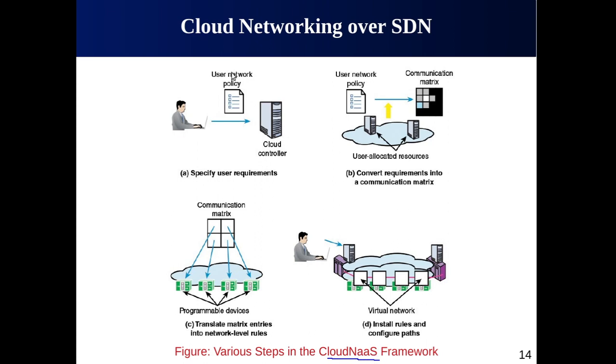Now we are talking about cloud computing. In cloud computing, there are different models like application as a service, platform as a service, infrastructure as a service, security as a service, and so on. One of them is NaaS, which means network as a service, and cloud network as a service.